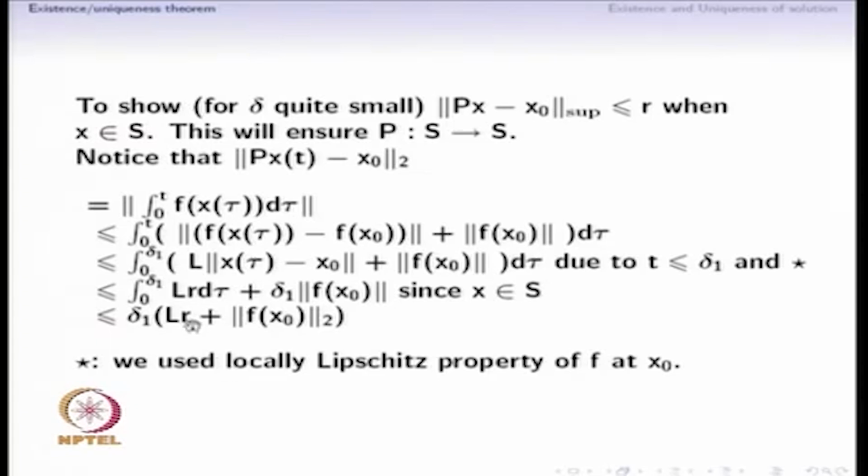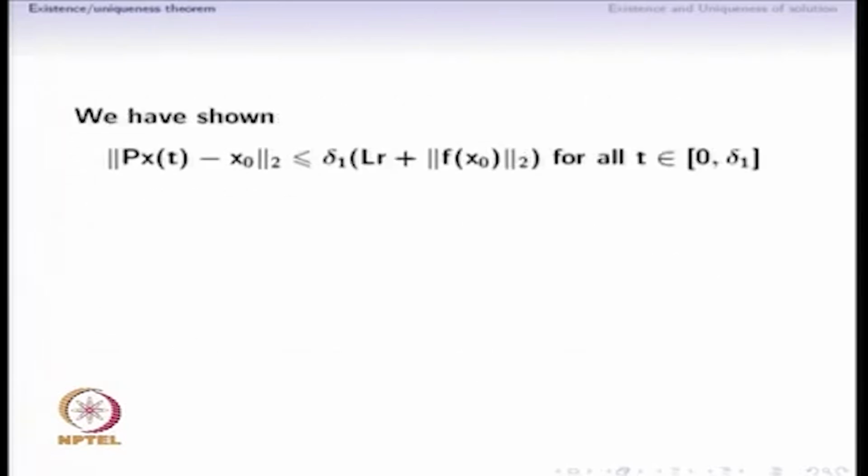Finally, this particular quantity which we are integrating is also constant, it is not varying as a function of tau, and hence we equated that to delta 1 L r, and after taking delta 1 common, we obtain this expression. So, what have we shown?